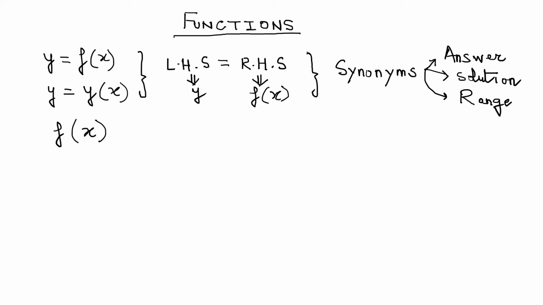If I talk about the mathematical operators, the basic mathematical operators are addition, subtraction, multiplication and division, and then the combination of these take it to another or different kind of operators. So f is an operator on x. Now once we have understood this, when f operates on x, it is then that we get the answer or the solution or the range of the function.